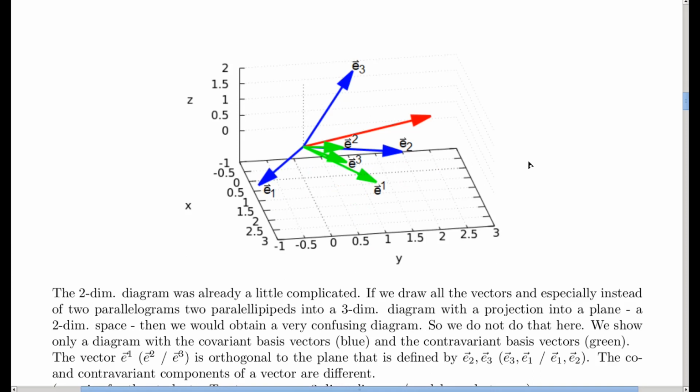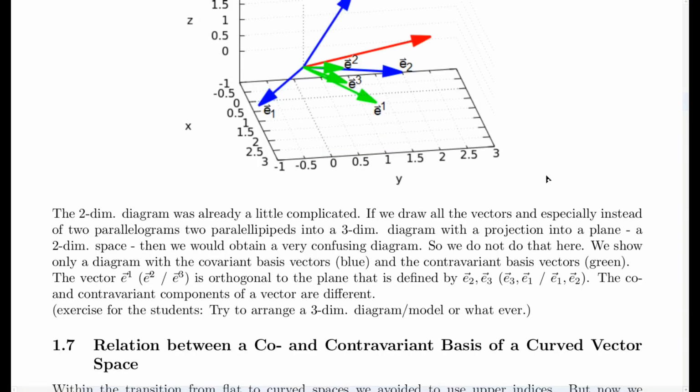The problem here is we have many vectors in a 3-dimensional space, and we must make a projection into a 2-dimensional plane, so that's a problem to get a nice picture of them.